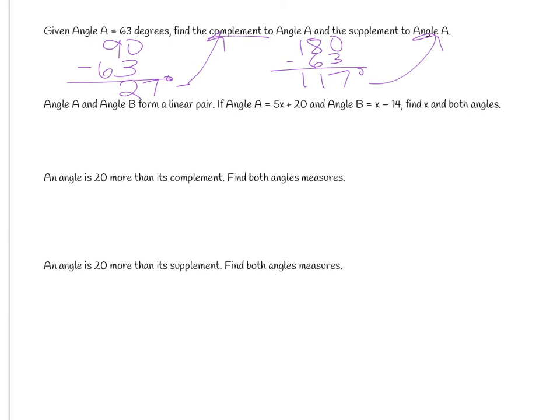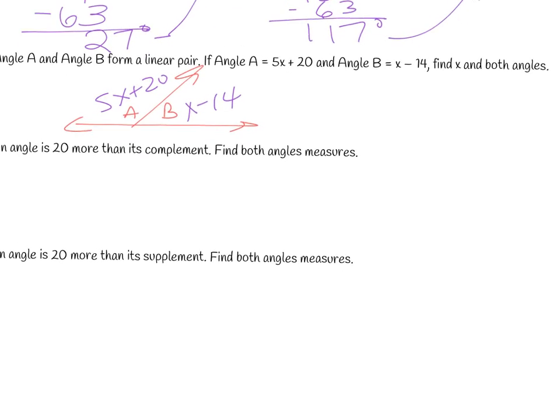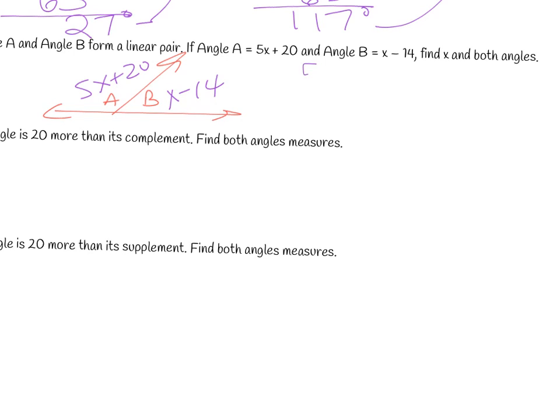The next one says angle A and angle B form a linear pair. So I've got two angles, A and B. Angle A is 5x plus 20, and angle B is x minus 14. Because they form a linear pair, I know they're supplementary. So 5x plus 20 plus x minus 14 equals 180. 6x plus 6 would equal 180.